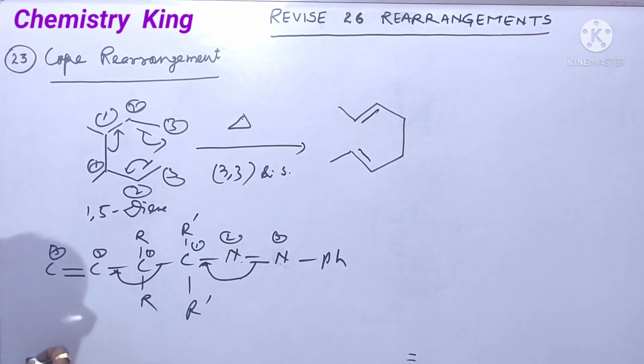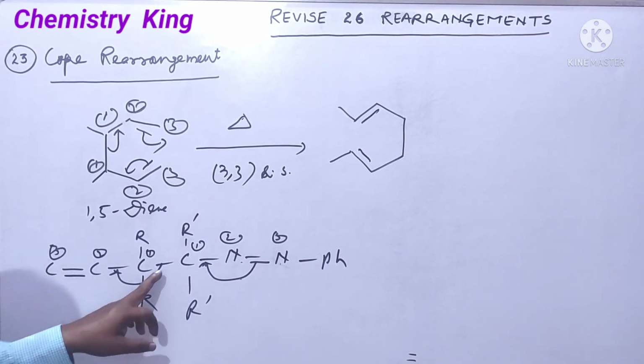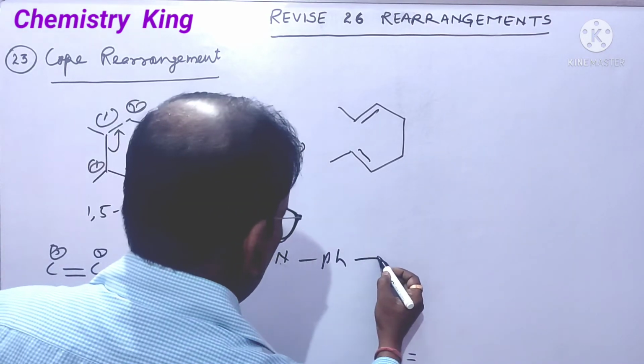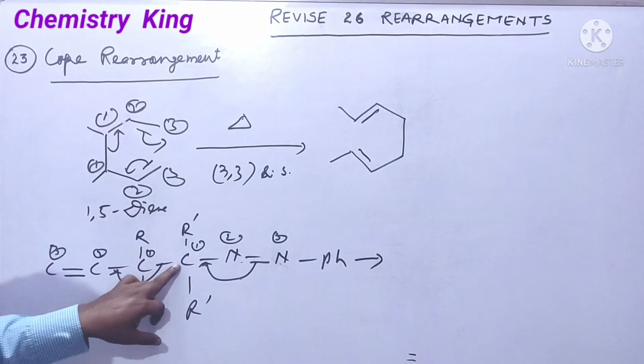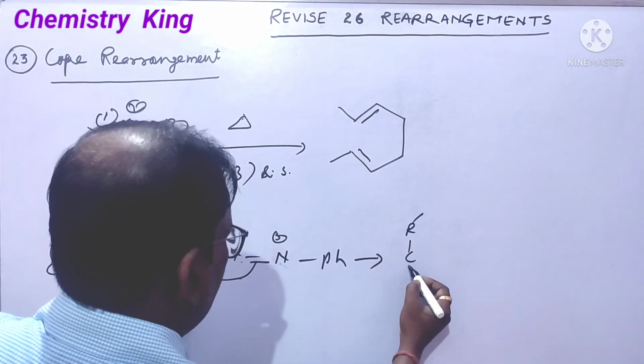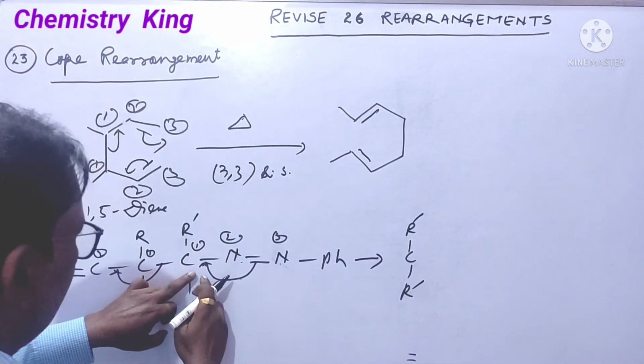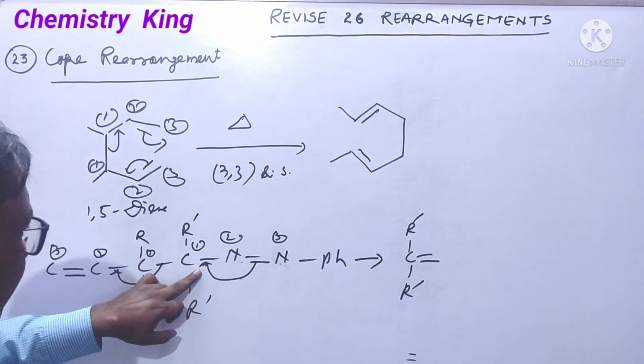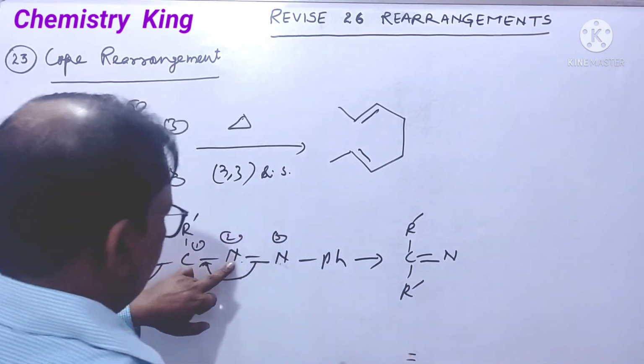It will come here. And it will come here. Means this bond is collapsed. Okay. So first write this part. See R dash, double bond will be here. Nitrogen is here.